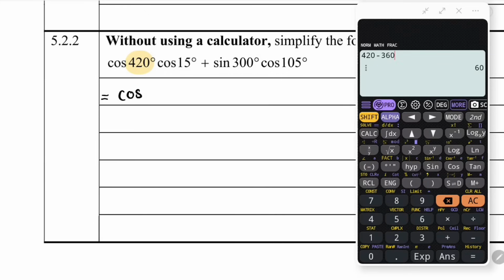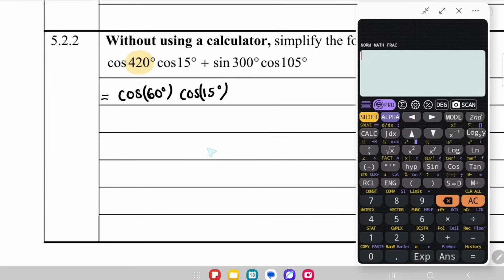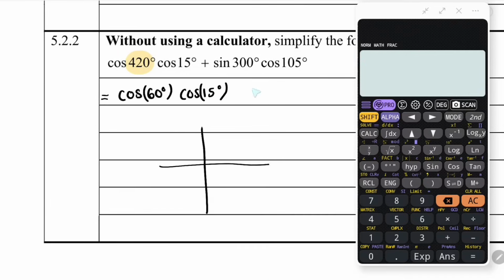That is a special angle. So we have cos 60 degrees and then cos 15 degrees, and we can work with that. Cos 15 degrees and then 300 degrees. Now looking in the cos diagram, 300 degrees is an angle greater than 270 degrees but less than 360 degrees. So it lies in the fourth quadrant, in cos's quadrant.